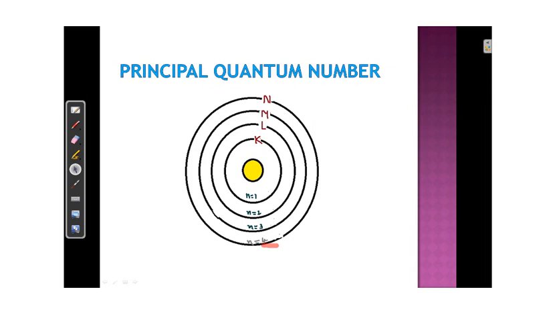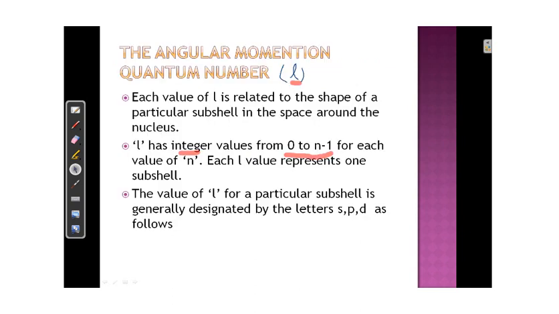Therefore the electrons in those shells are farther from the nucleus. And as the n value increases, obviously the energy values are higher, and they are represented with the K, L, M, N values.